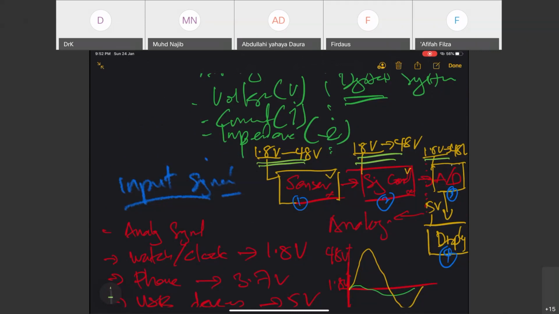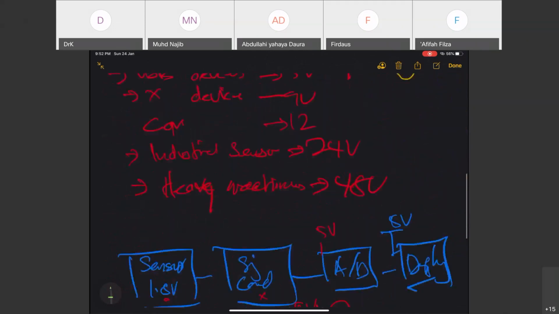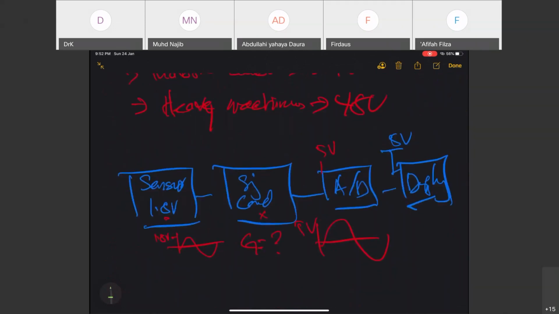So that's the input range of the signal that you must be aware of, that you must be expecting, and you probably know what to do when you receive it. For example, in this case, if I have sensors that work using 1.8 volts, what kind of amplifier will I need when my A to D is running at 5 volt, for example. There are also cases where the A to D is using 12 volt, right?